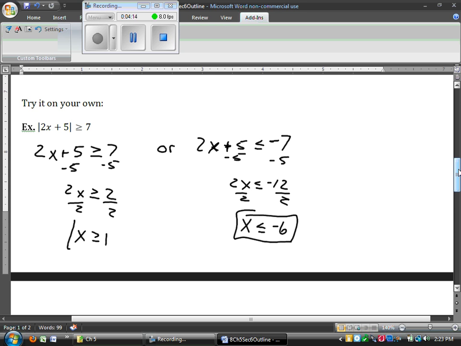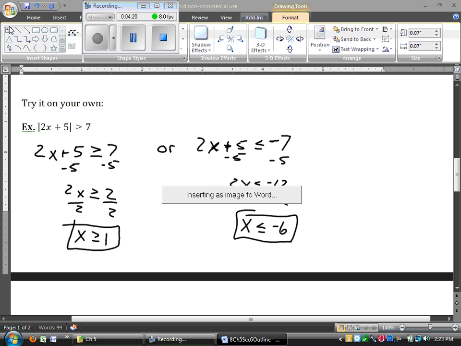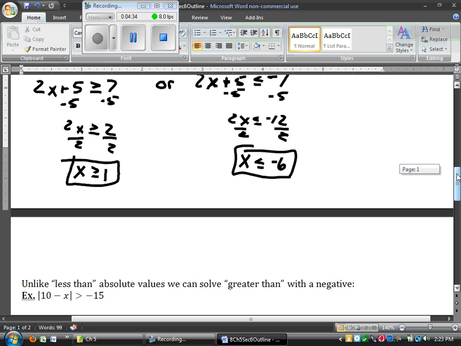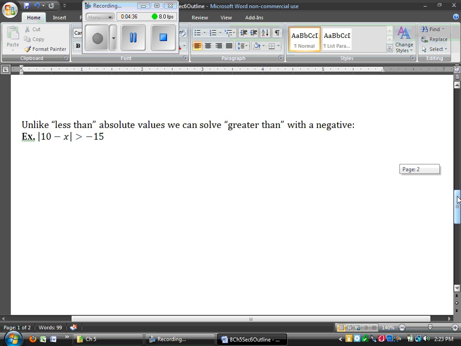And there are your two solutions. Not too difficult. Again, absolute values are just about remembering which compound inequality is set up. If you understand sections 2 and 3 with the compound inequalities, the intersections and the unions, you should understand 5 and 6 because it's just getting to those compound inequalities.